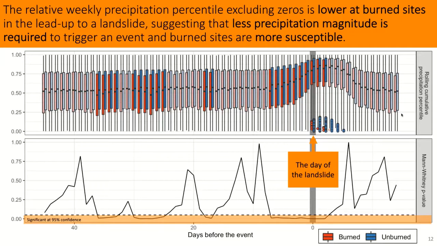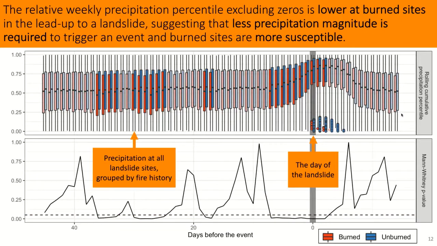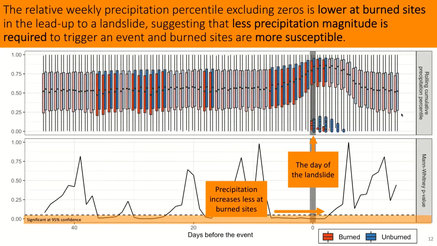The implication of that for landslide hazard is that less precipitation magnitude is required in order to trigger a landslide at the burned sites, and that in turn implies that the burned sites are more susceptible to landslides.